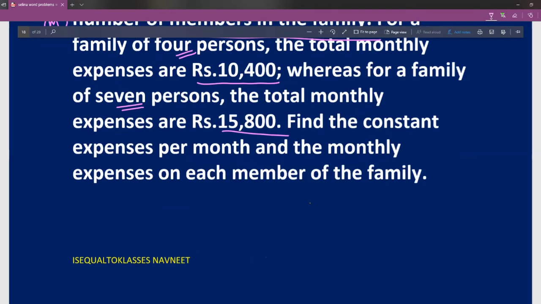As I have been telling you again and again, whatever is asked in the last line, just assume that. So find the constant expenses per month. Let me assume that the constant expenses per month is rupees C per month. And the monthly expenses on each member is rupees M per person.